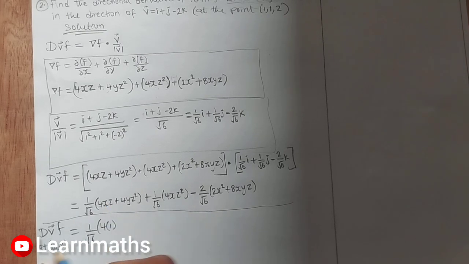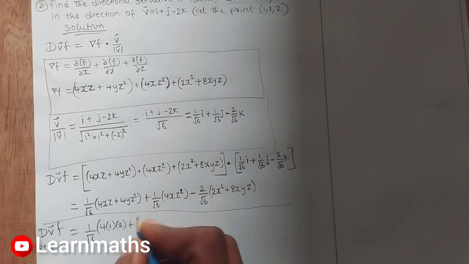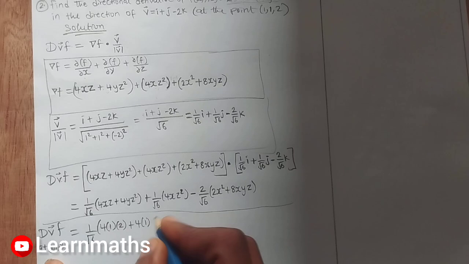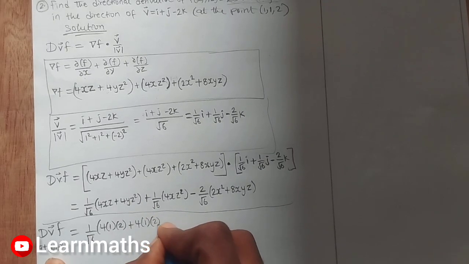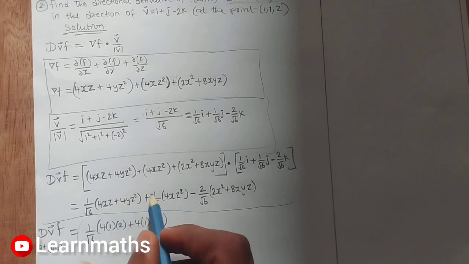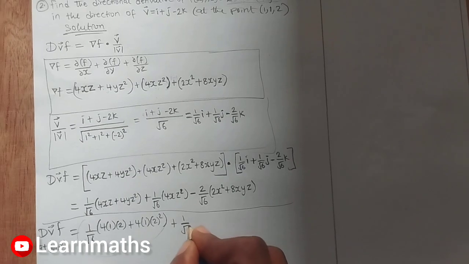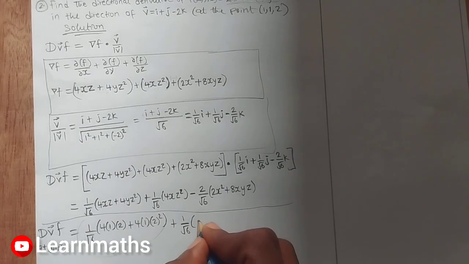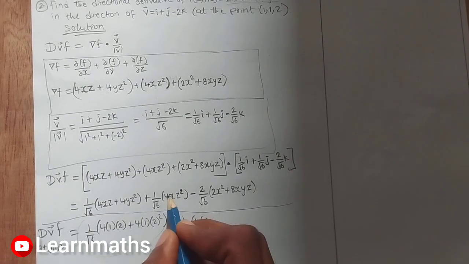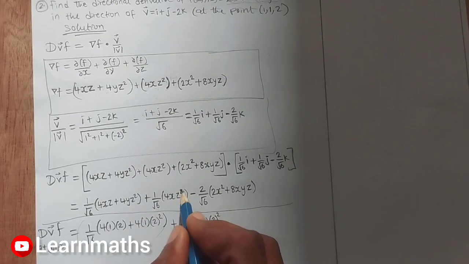So this is x, x is 1. This is z, z is 2. Plus 4, this is y, which happens to be 1, and this is z, which happens to be 2 squared. That's for the first one. Now let's look at the second one. Plus 1 over square root of 6, then we have 4 multiplying x, which is 1, and z squared, 2 squared.